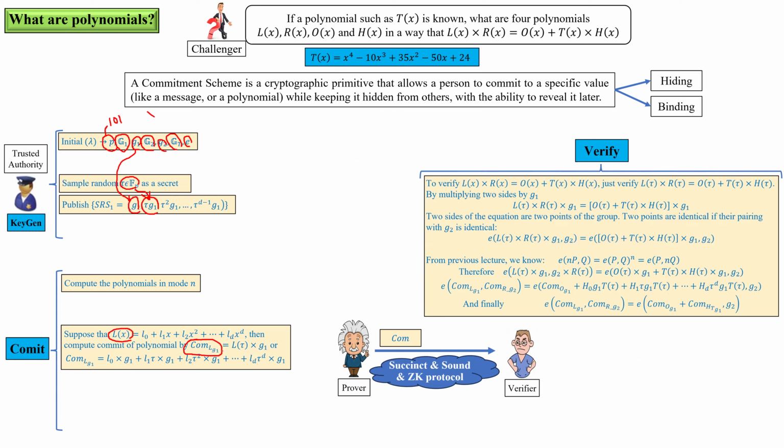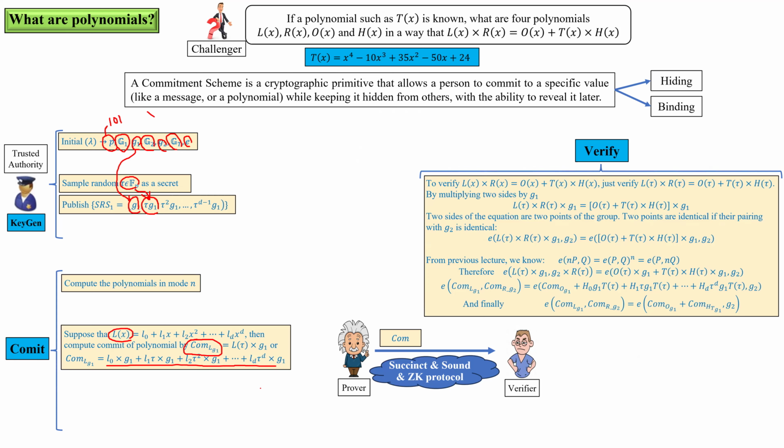The prover uses this formula to compute the commit of the polynomial. Then the prover sends this commit value to the verifier instead of the evaluation of L of x or L of x itself.